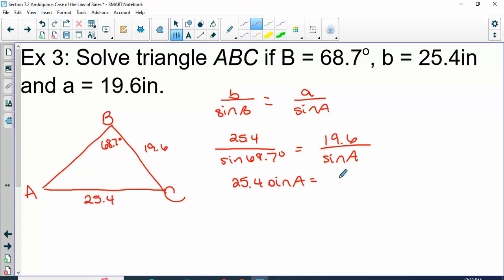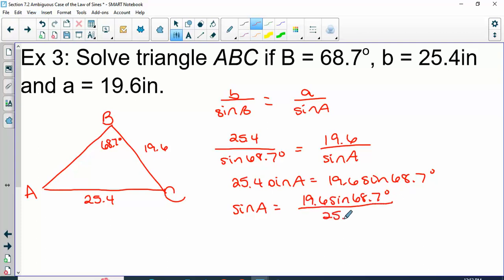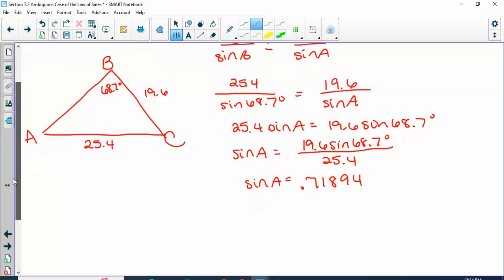Cross multiply. Did you guys get 0.71894?